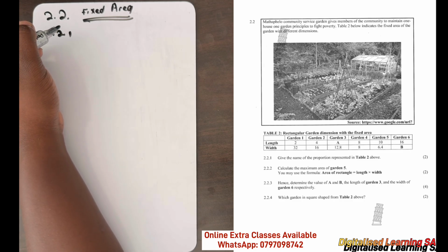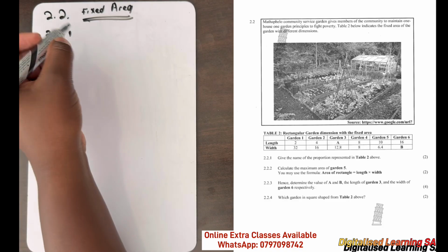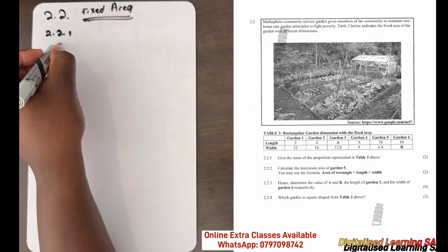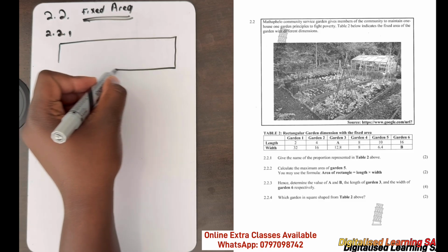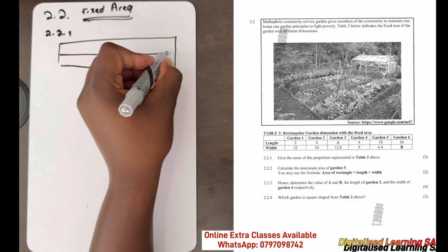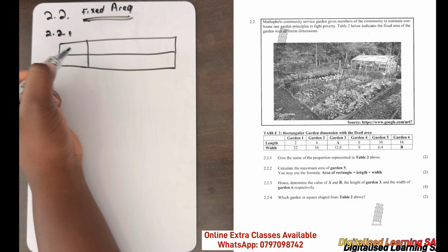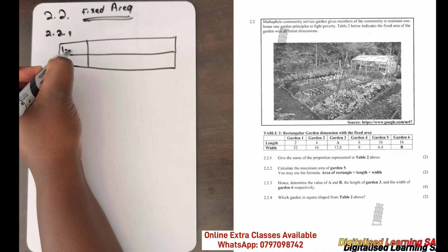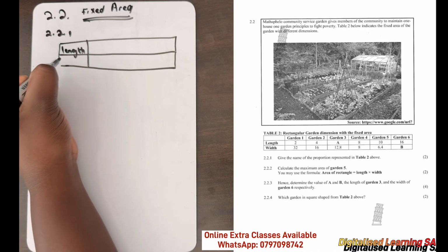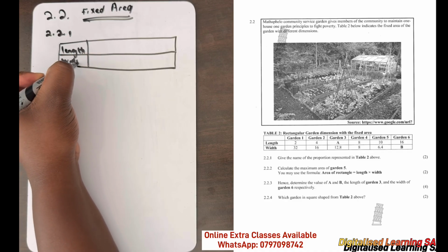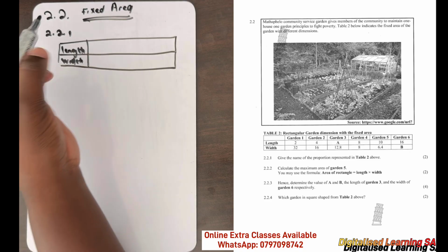Question 2.2.1 says, give the name of the proportion represented in table 2. We can see on our table, which is table 2, we have the length and the width.